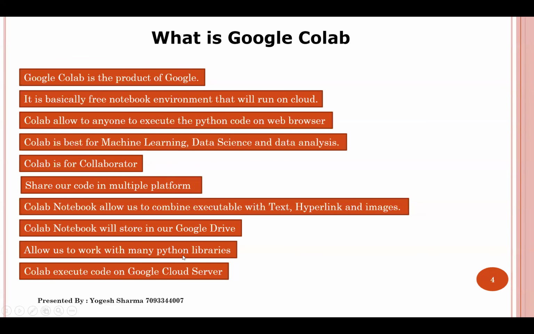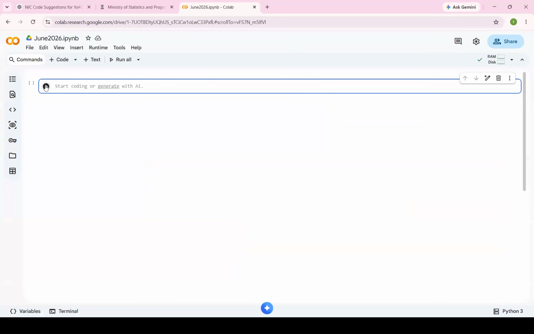Allow us to work with many Python libraries. So it is not like only Python we can use. If you remember, or if you have check out the previous video where I explained you what is the Python and what is the Python libraries, correct? So Python is a normal Python, like here.